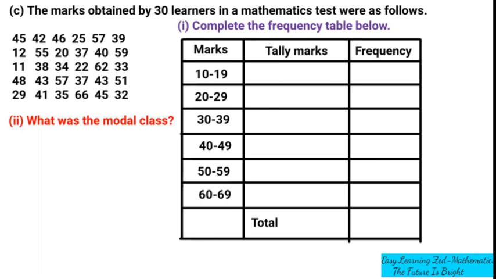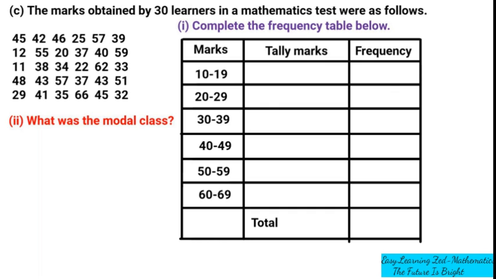As you can see, there is 45, 42, 46, 25, 57, 39, 12, 55, 20, 37, 40, 59, 11, 38, 34, 22, 62, 33, 48, 43, 57, 37, 43, 51, 29, 41, 35, 66, 45, 32.